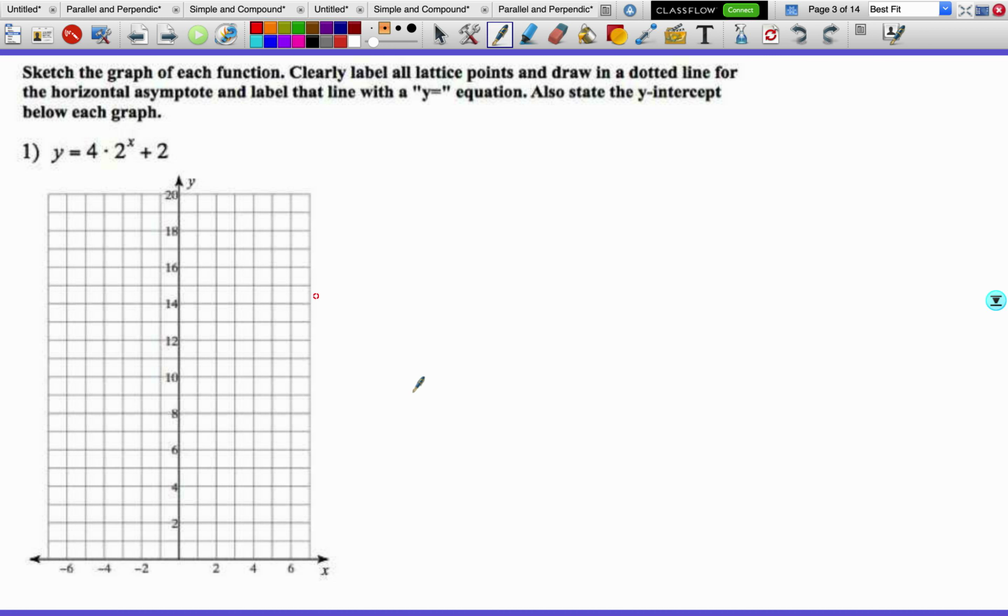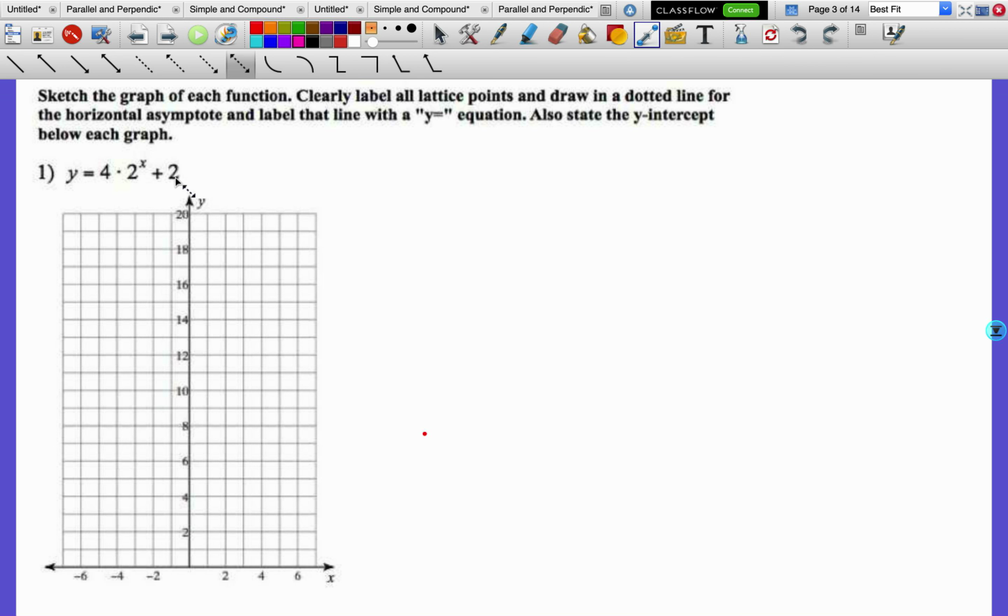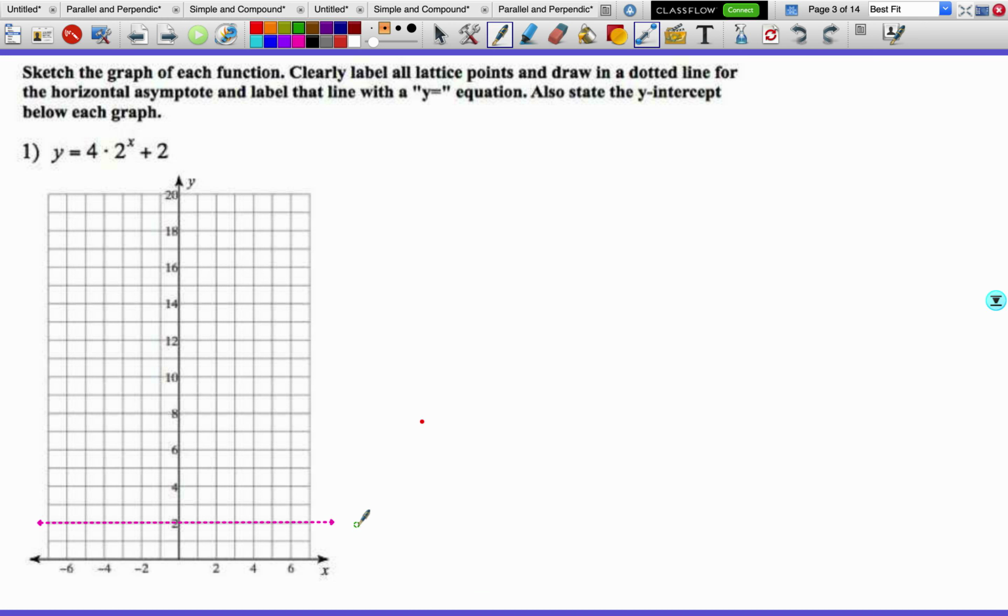All right, let's practice graphing a little bit. Here's our equation. y equals 4 times 2 to the x plus 2. So first thing we want to do is add in a horizontal line at that last number. We say this is the table Alice is standing on. That is our horizontal asymptote, and we'll label it as y equals 2, our horizontal asymptote.